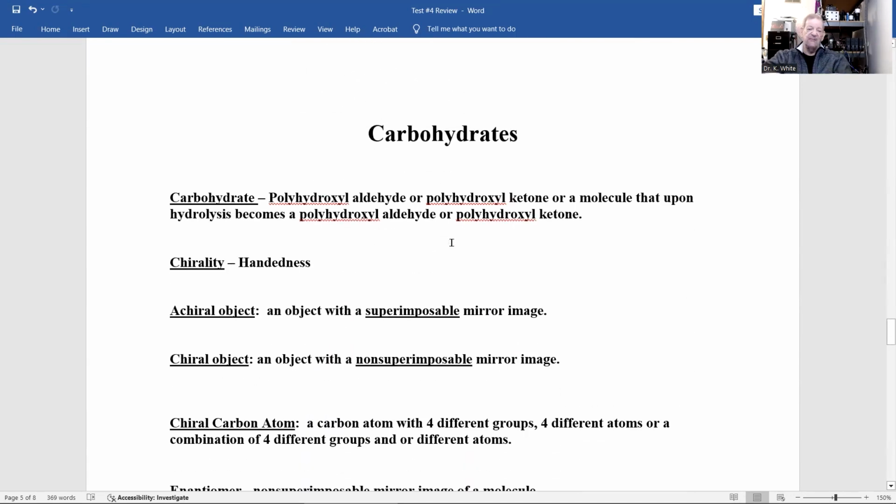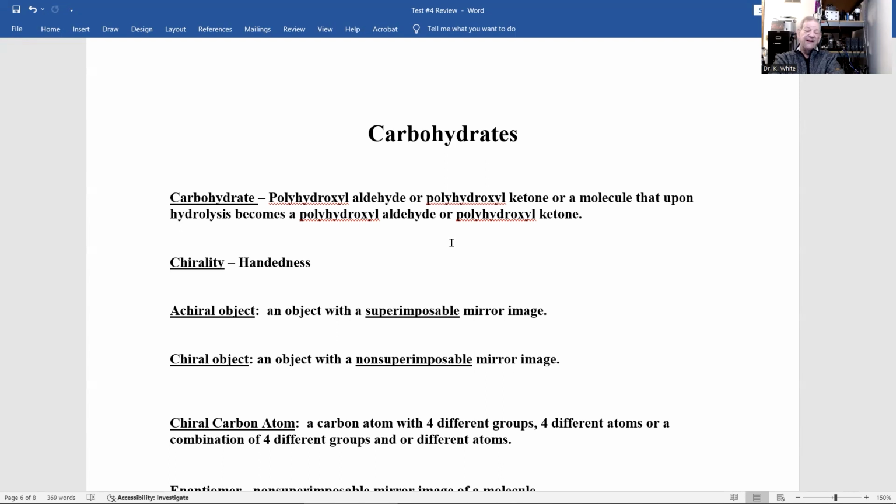Next, we got into something sweet and fattening. Like, I don't need that. But anyways, carbohydrates. You should know a carbohydrate is a polyhydroxyaldehyde or polyhydroxyketone.